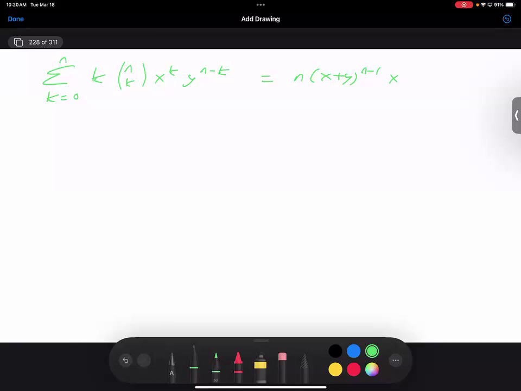Now we have to take the derivative, right? What operator should I apply? Let's apply the operator x d by dx to both sides.